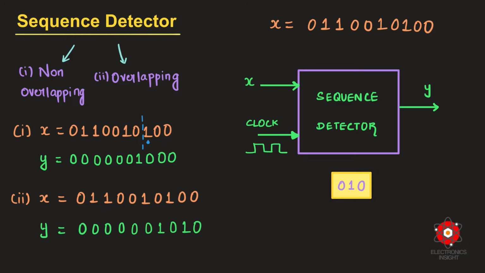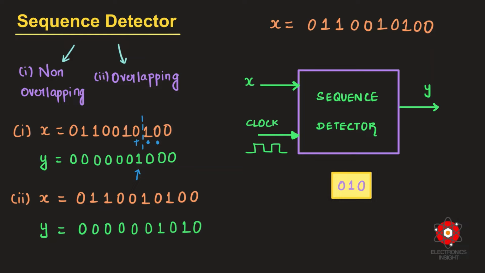So I don't have my previous bits, so my output has become 0. Similarly, when I have reached here, the previous bit is only 1. That's why we are not taking these bits. This is not taken in the non-overlapping sequence because once my output detector has set the output to high, I will ignore the previous bits when I'm standing at this particular position.